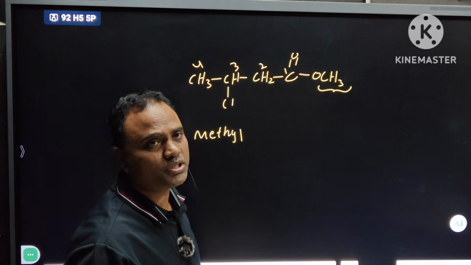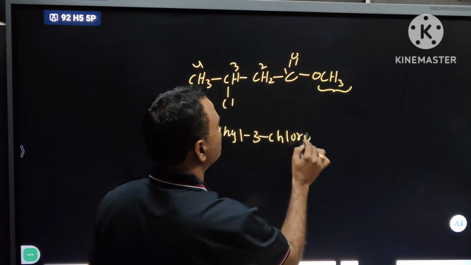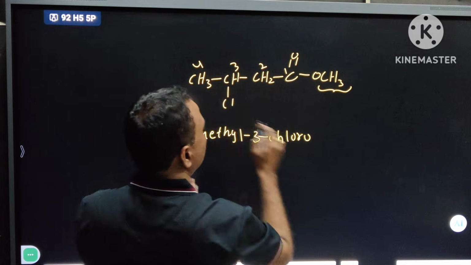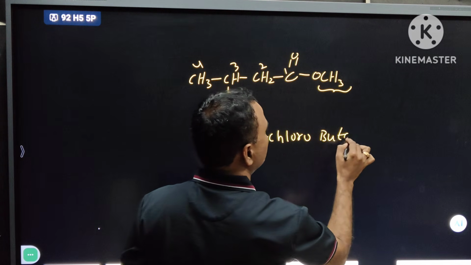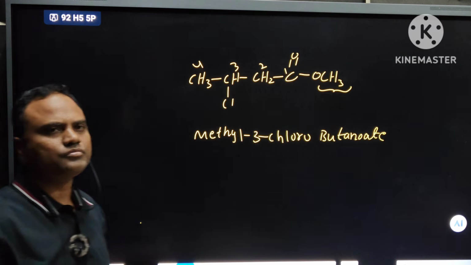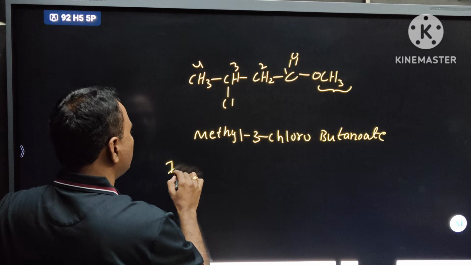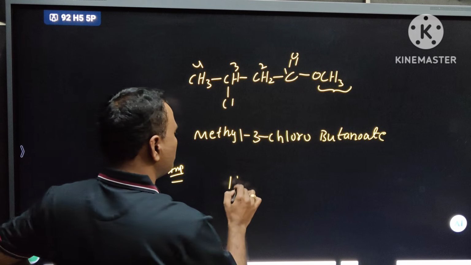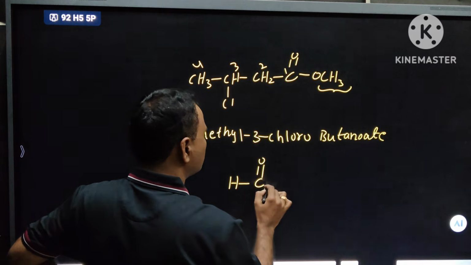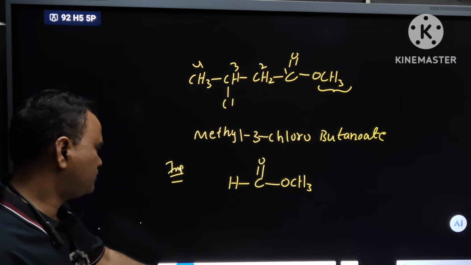Now the substituent is present at the third position. Methyl 3-chlorobutanoate. Okay. Now one important example. Who will give the answer for this? Try this.